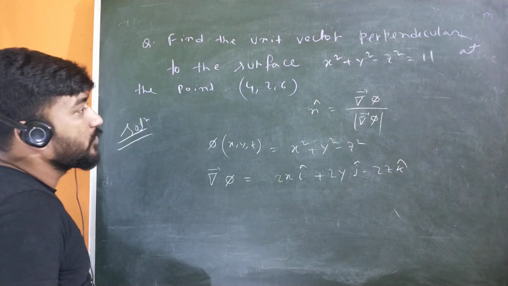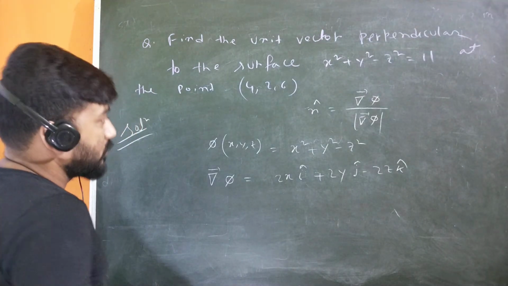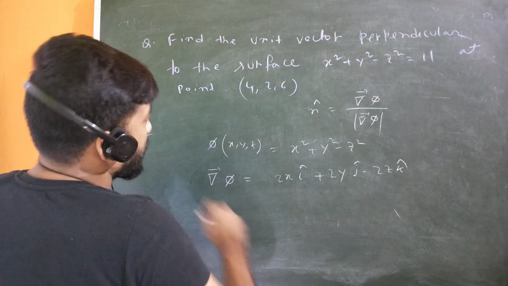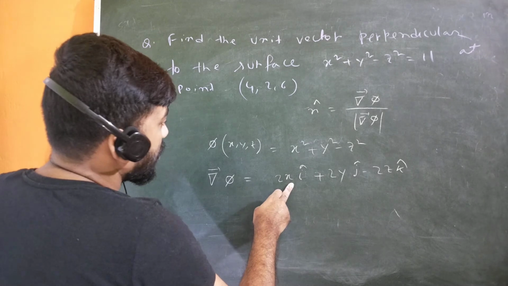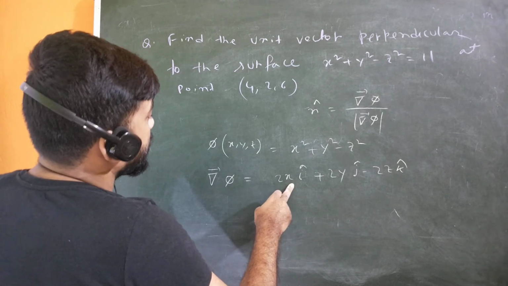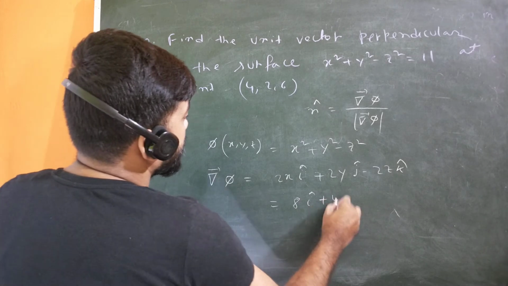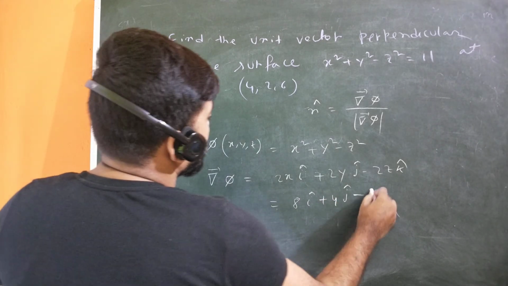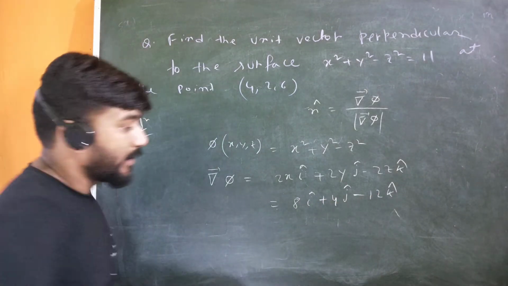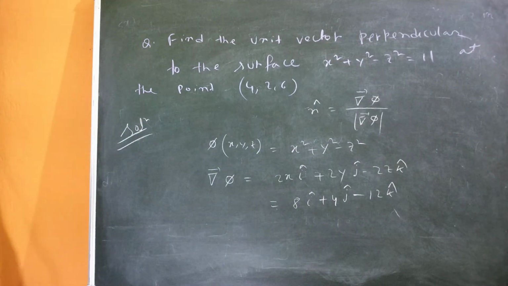If you want, you can put the values here also. So it will be 4 into 2, that is 8 i cap, and 2 into 2, that is 4 j cap, minus 12 k cap. So this is the vector grad phi.